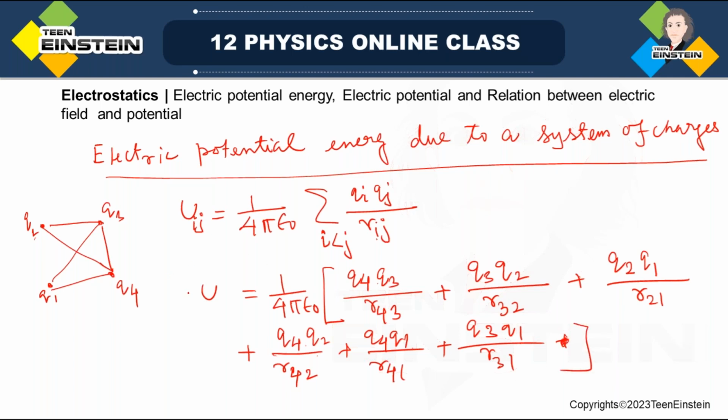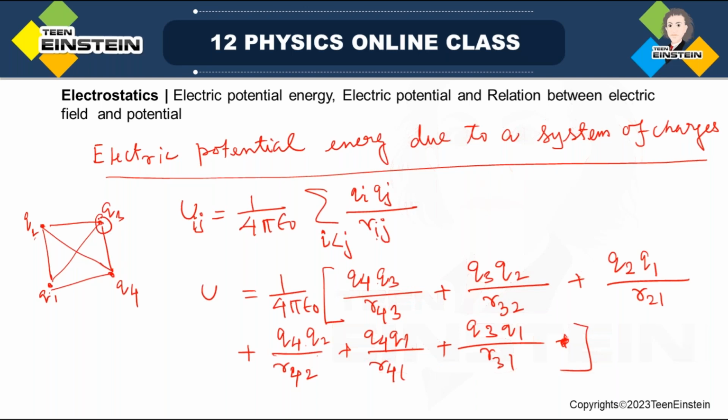See, how do you know how many terms will be there? See, Q1 2, sorry, 1 2. Then I have Q2 3, Q2 4. And Q1 3, Q1 4, or 4 1, whatever you say. So all possible combinations or interactions will be there.